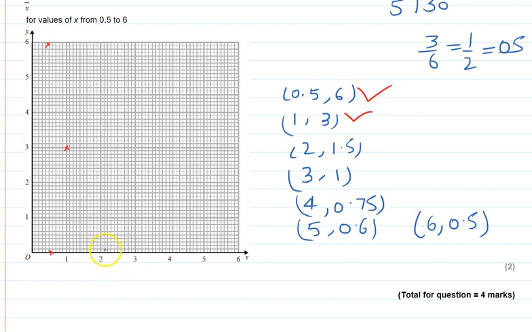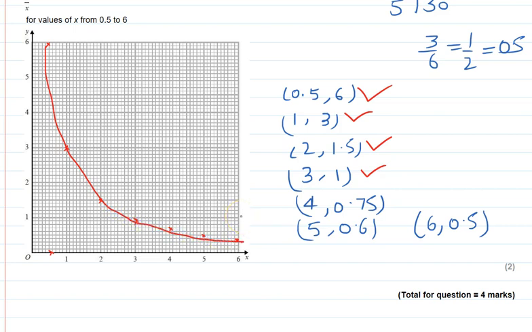Now 2 and 1.5, 3 and 1, so this is done. 4 and 0.75 will be somewhere here. Then 5 and 0.6 will be a little lower, and 6 and 0.5 will be in the middle. If you join them, the graph comes out like this.